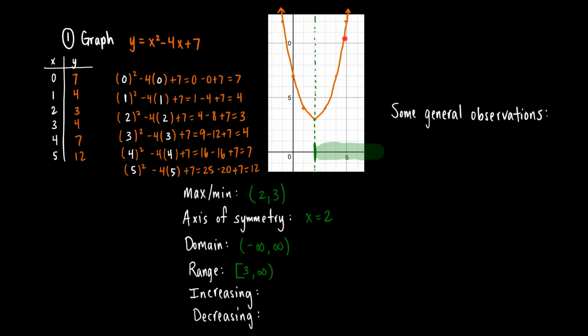The function is increasing. It's going up as we move from left to right. So what we're going to do is instead of giving the y values, which I think would be a little more logical, we actually give the x values here. So we're going to say that we're increasing from 2 to infinity. And we're not including 2 here because we're not actually increasing at 2. We're not increasing or decreasing at 2.